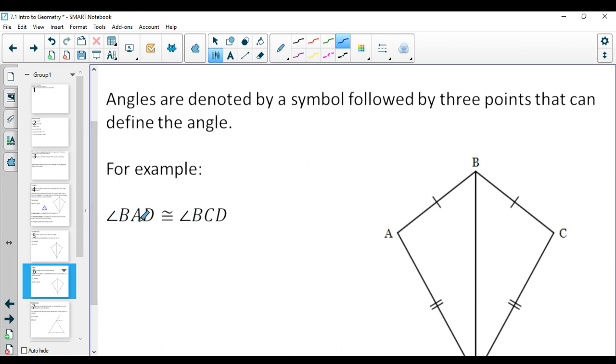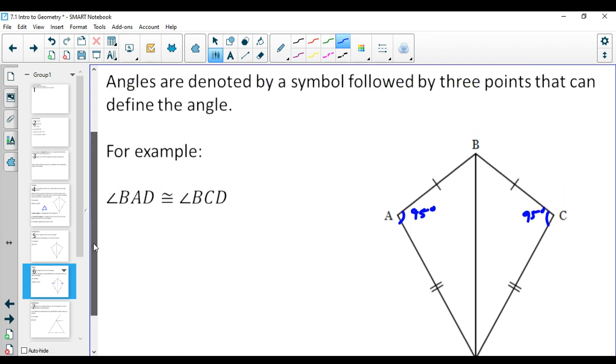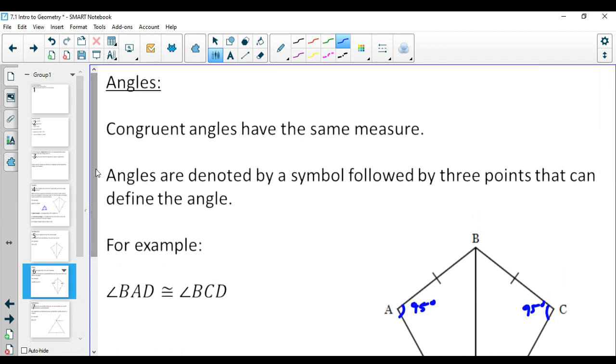So when I'm talking about angle BAD, that's this angle here, because I go B-A-D. It is congruent to angle BCD, or this one, right? And if they're congruent, that just means they have the same measure. So if this is 95 degrees, then this is 95 degrees, right? That's all we really need to know.